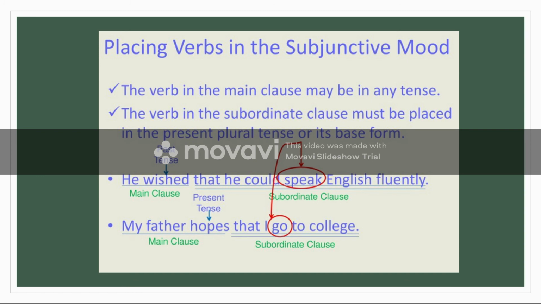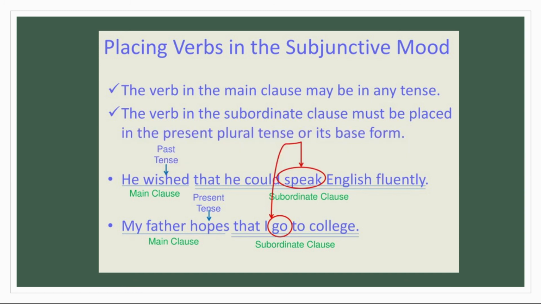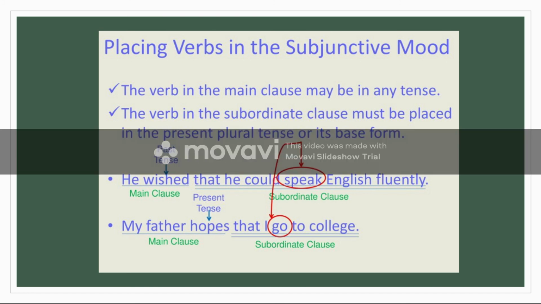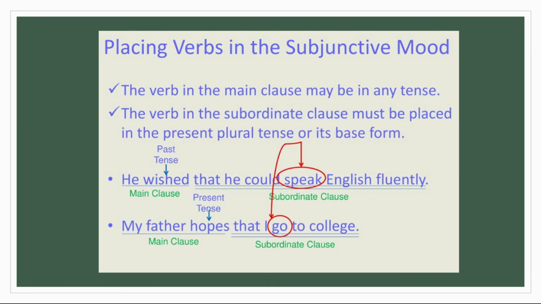In this case, the main clause is he wished, and the subordinate clause is speak. The second example that we have is, my father hopes that I go to college. In this sentence, the main clause is my father hopes, and the subordinate clause is go.